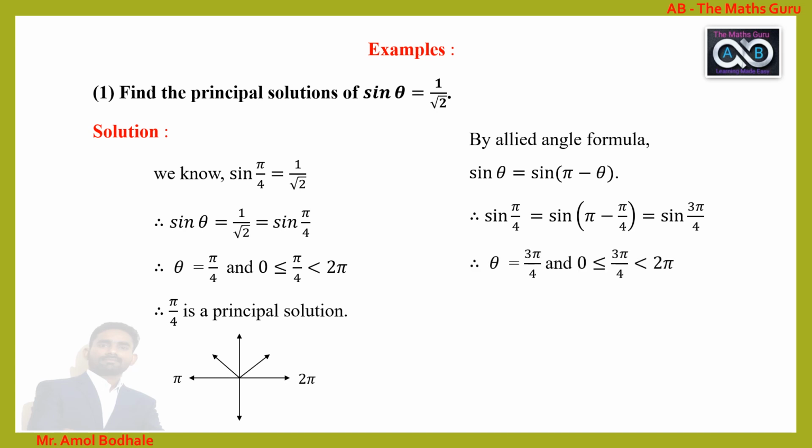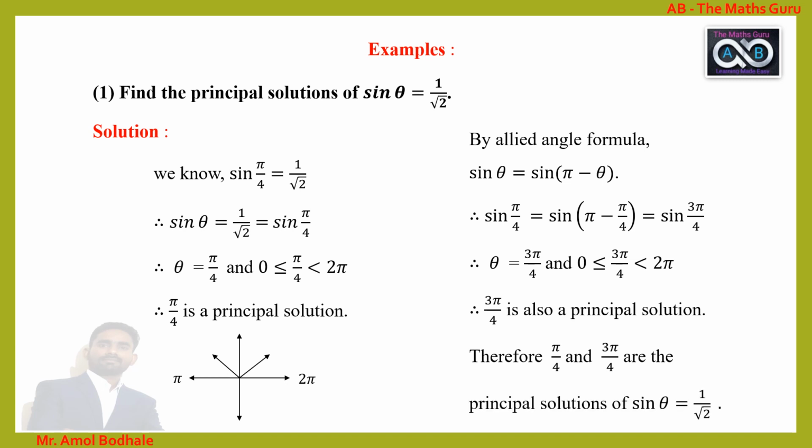So here sine theta is equal to 1 by root 2, which is equal to sine pi by 4, and sine pi by 4 is equal to sine of 3 pi by 4. So therefore we can say theta equal to 3 pi by 4, and 3 pi by 4 lies between 0 and 2 pi. So therefore 3 pi by 4 is also a principal solution. So therefore pi by 4 and 3 pi by 4 are the principal solutions of sine theta equal to 1 by root 2. Let's see the next example.